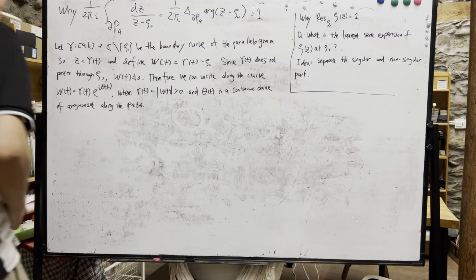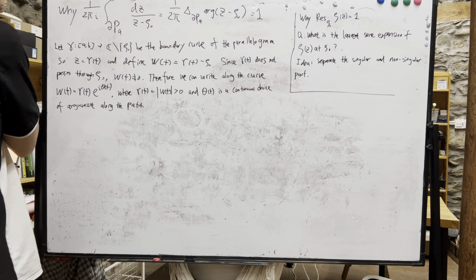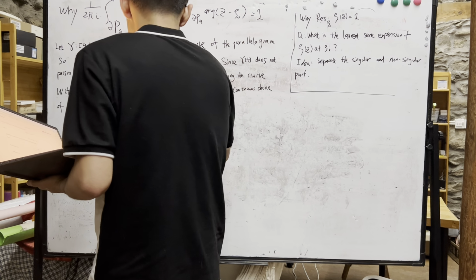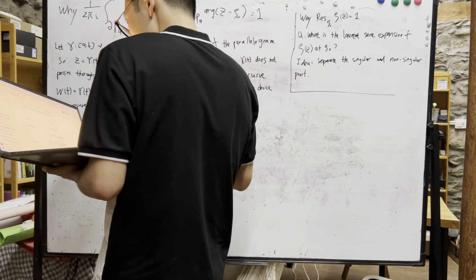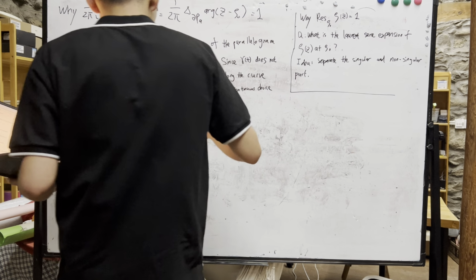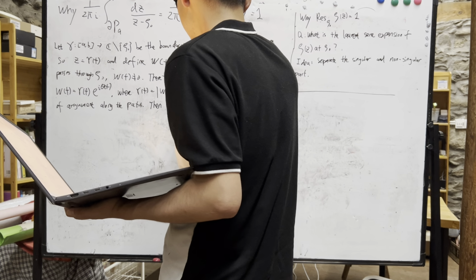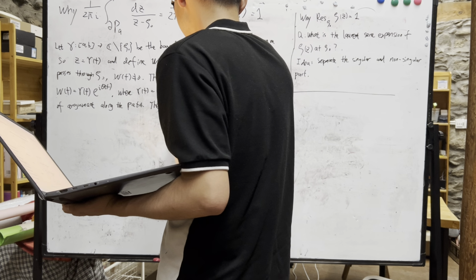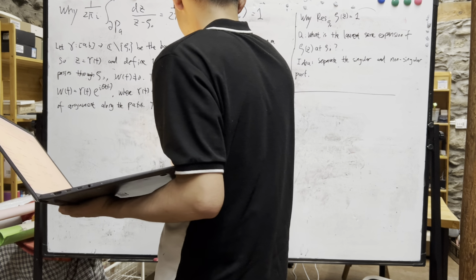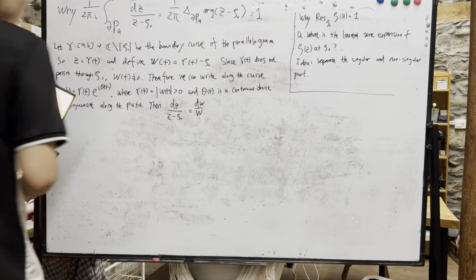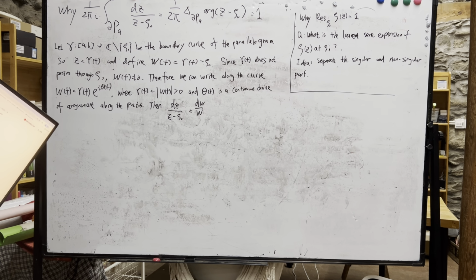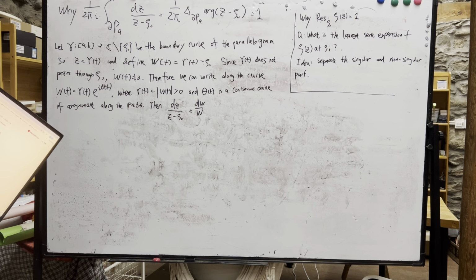Then we have that dz over z minus zeta naught is equal to dw over w.